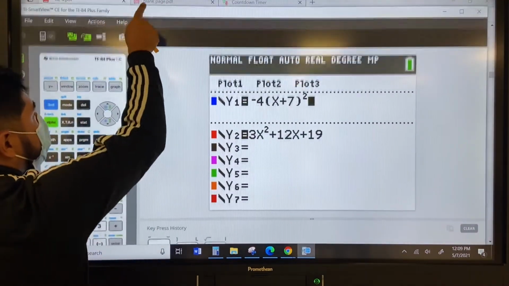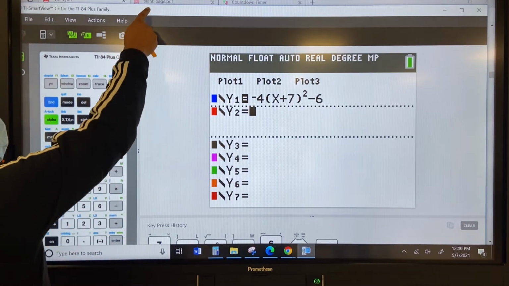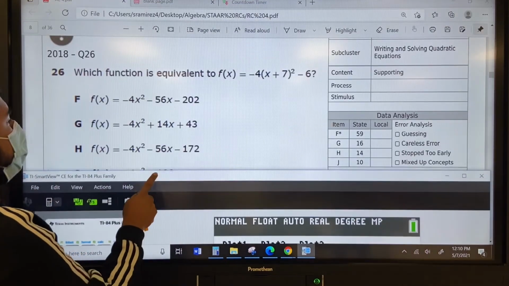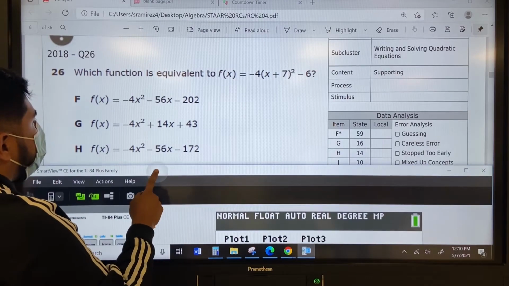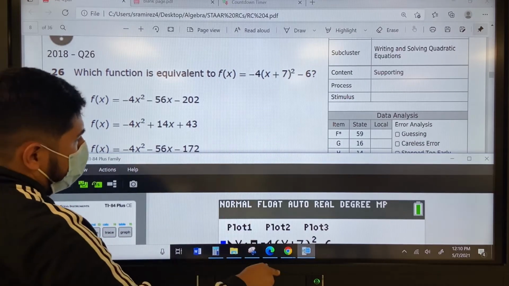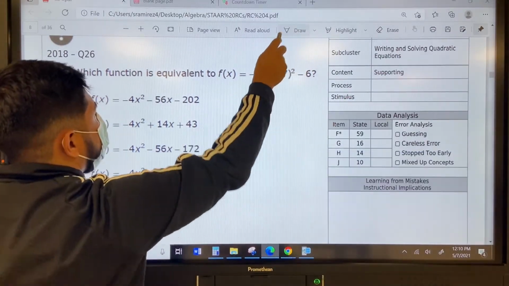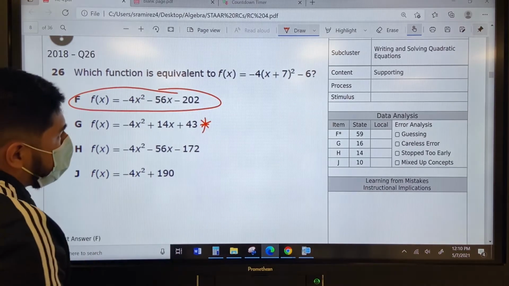I think it's -6. Go to the second one. The answer here is F, so let's do the second one. Yeah, let's do these first two, but the answer is F, so let me write that down. The answer is F, but we're gonna do this one.